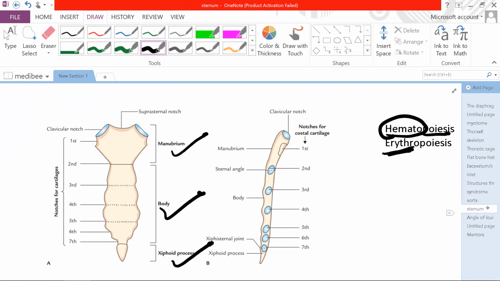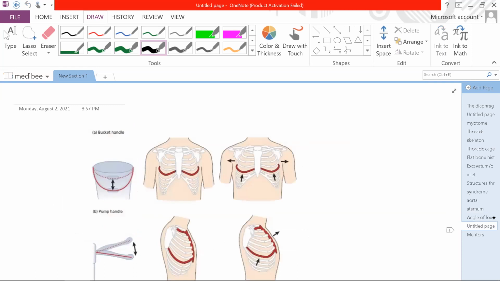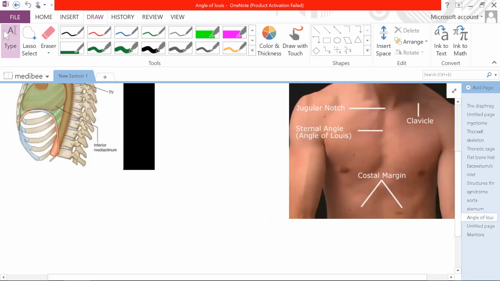Why am I saying this for the sternum? Because the sternum is a flat bone, and in flat bones bone marrow is present. So clinically we get some scenarios when we have to look over the bone marrow. This is called bone marrow aspiration, and for bone marrow aspiration the sternum is a bone of choice. The reason is that the sternum is very superficial, and you can easily view it in this picture.